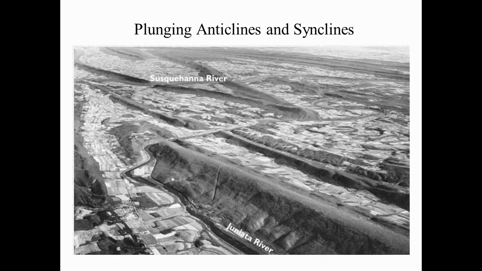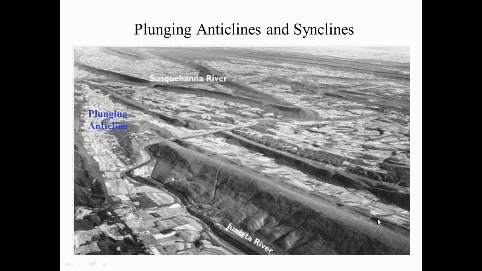Here's another example. These are plunging anticlines and synclines in the Appalachian Mountains in Pennsylvania, I think near Harrisburg, Pennsylvania. But notice that in the foreground we have a plunging anticline. For example, we can follow this particular resistant rock layer and watch how it forms this hairpin pattern, bends around and comes back in the other direction.